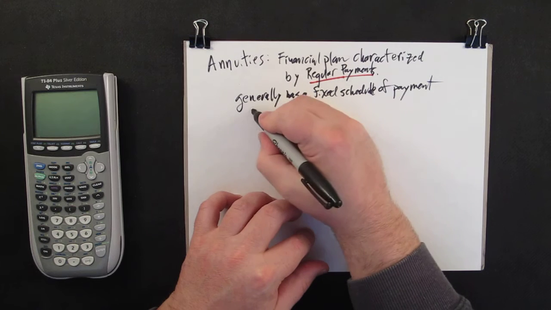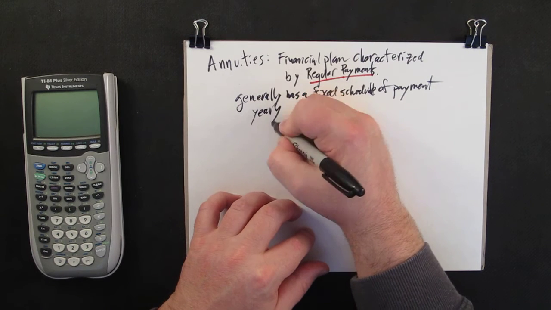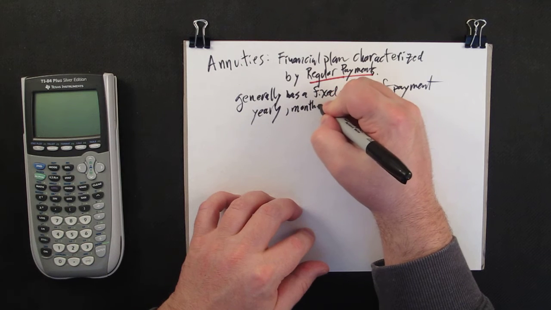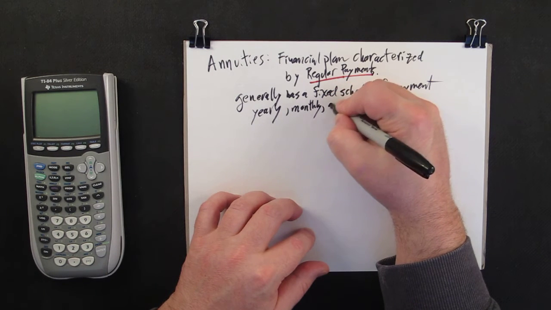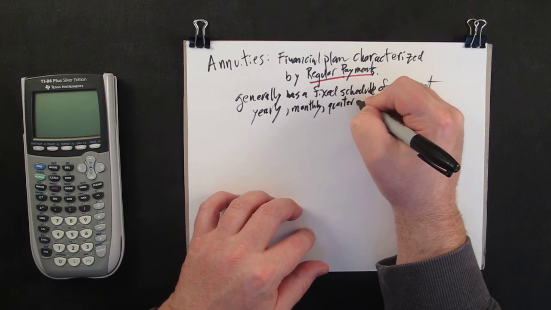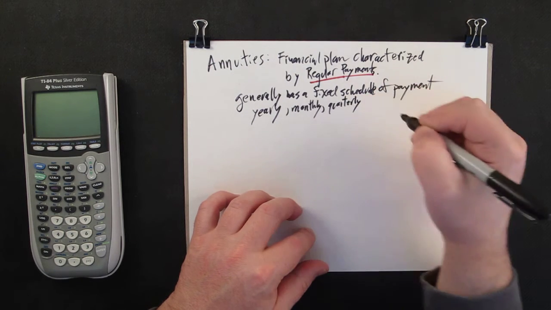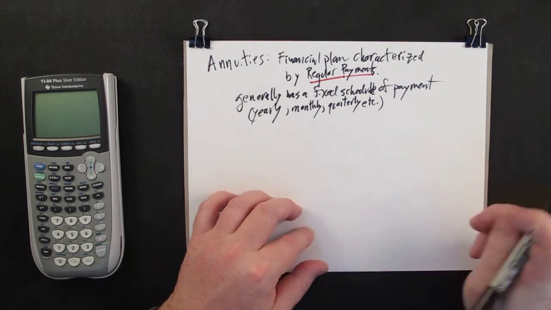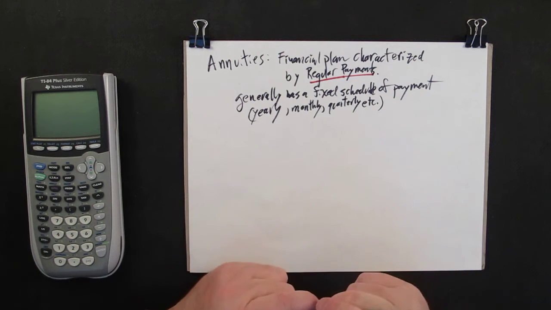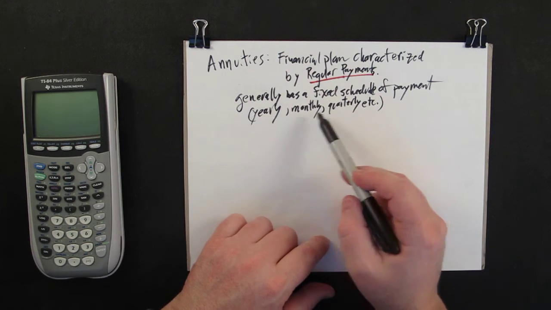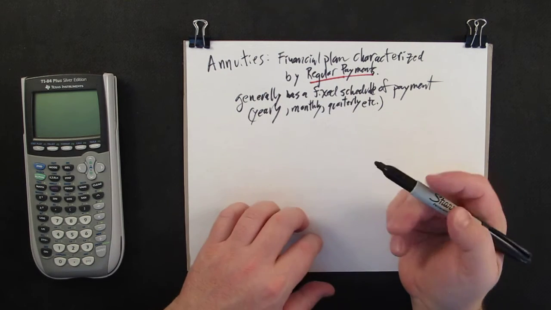And so what that means is yearly, monthly, quarterly, etc. Could have weekly, could have decennially, quadrennially, etc. But usually the typical ones you're going to see are yearly, monthly, or quarterly payments, possibly semi-annually also.